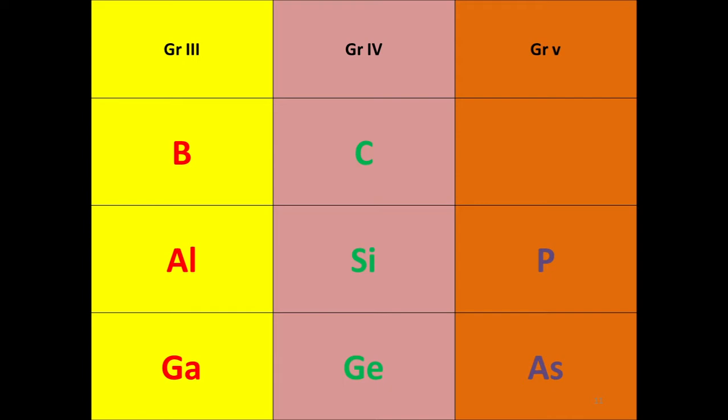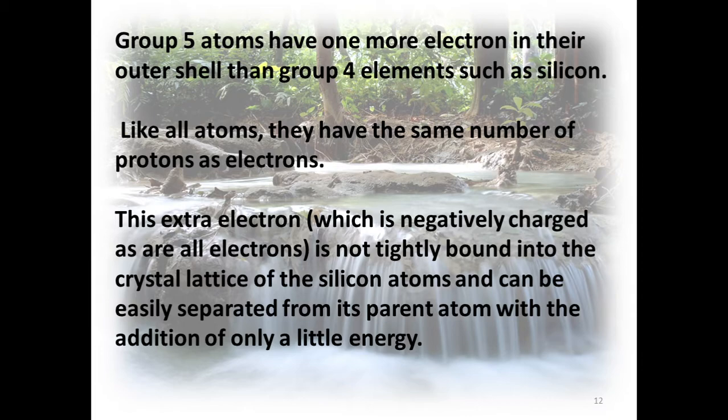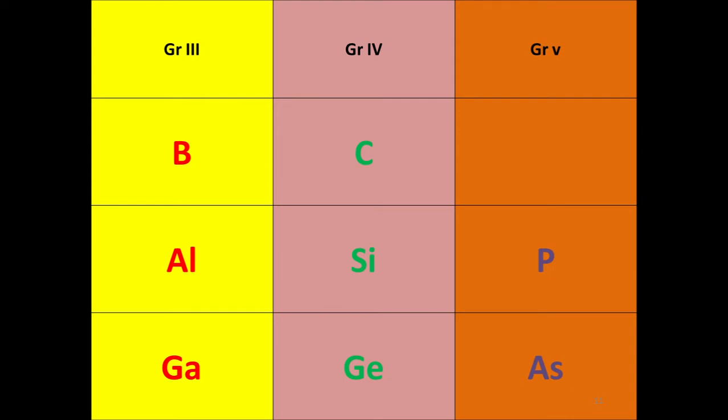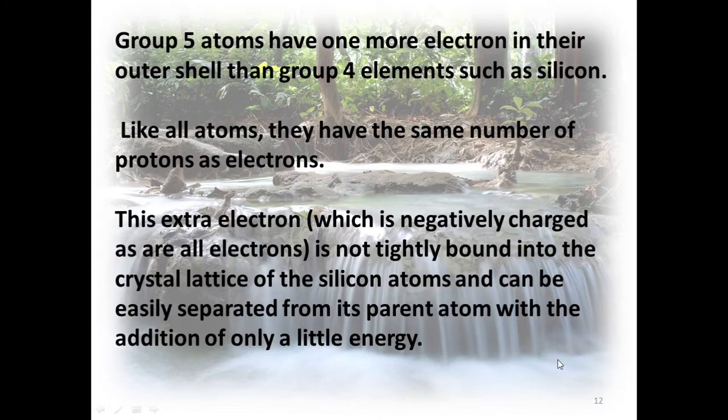If you go to the periodic table, there are group 3 elements, group 4 elements, and group 5 elements. Silicon and germanium are group 4 elements, so in their outermost level 4 electrons are there. Now group 5 elements have more electrons in their outer shell. Phosphorus and arsenic have 5 electrons in their outermost shell. Like all atoms, they have the same number of protons as electrons.